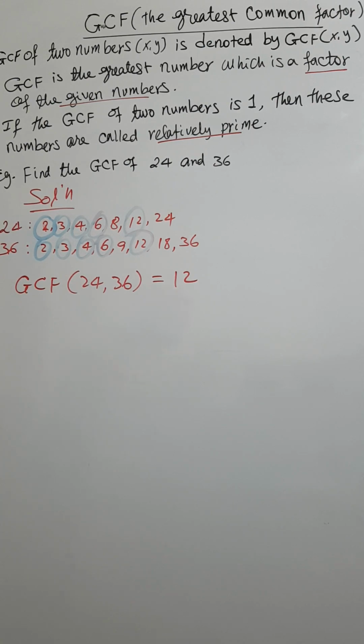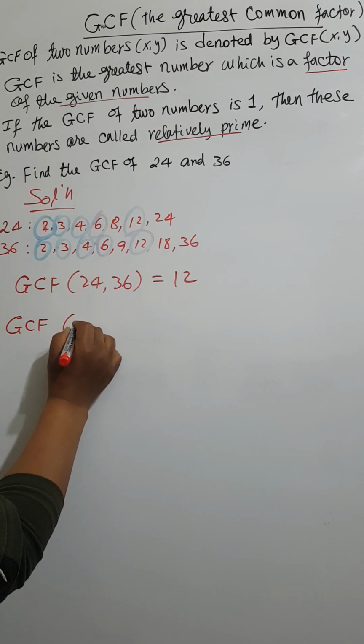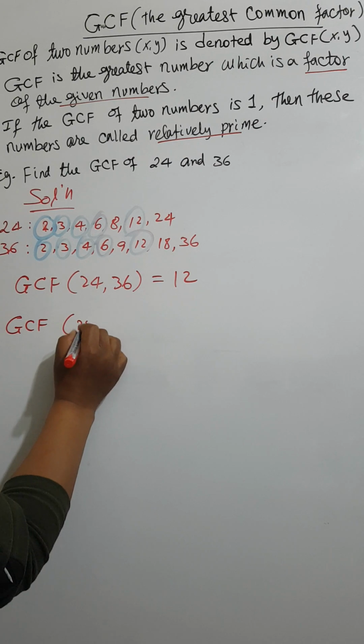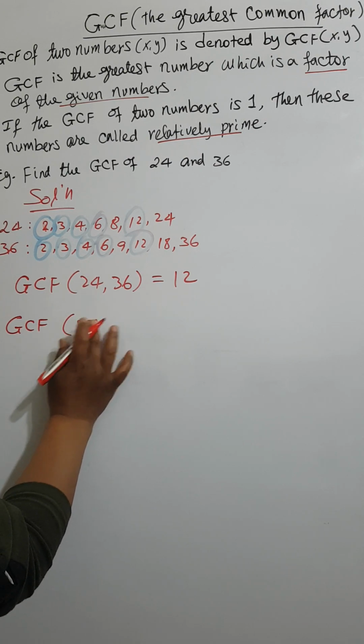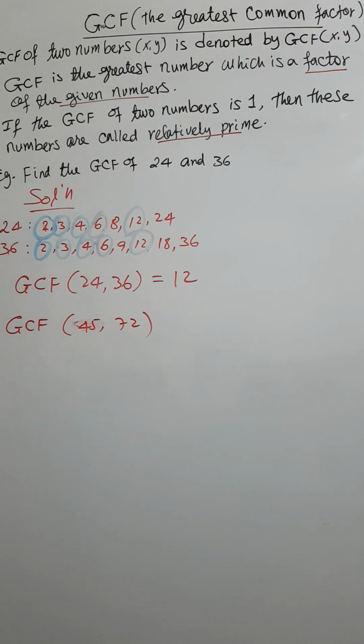Now, some more examples. What is the GCF of 45 and 72? Again, we have to list out the factors of 45 and the factors of 72.